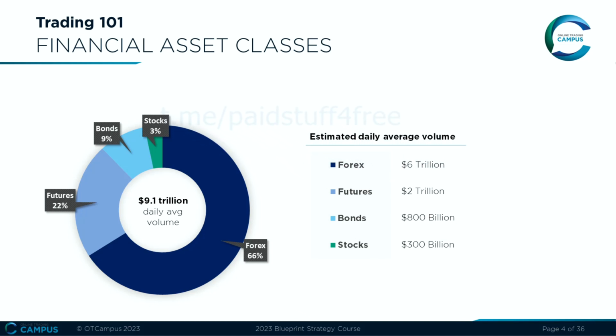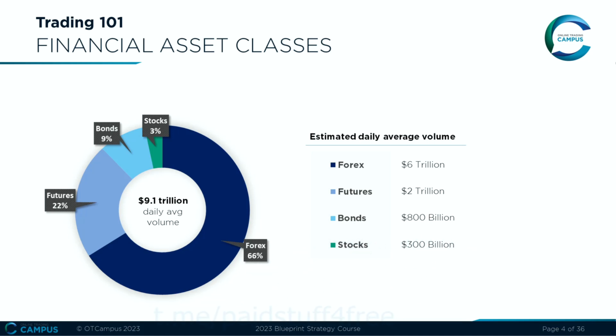But again, its market capitalization is not easily quantifiable. But by sheer average trading volume per day, the Forex market is still the biggest market worldwide. Actually, it's between 6 trillion to 7 trillion.